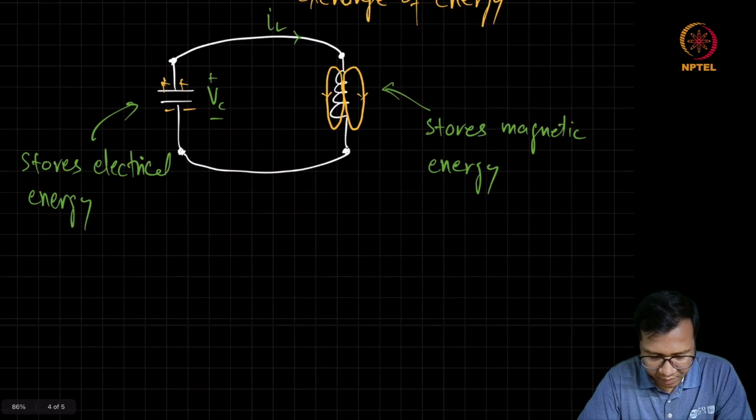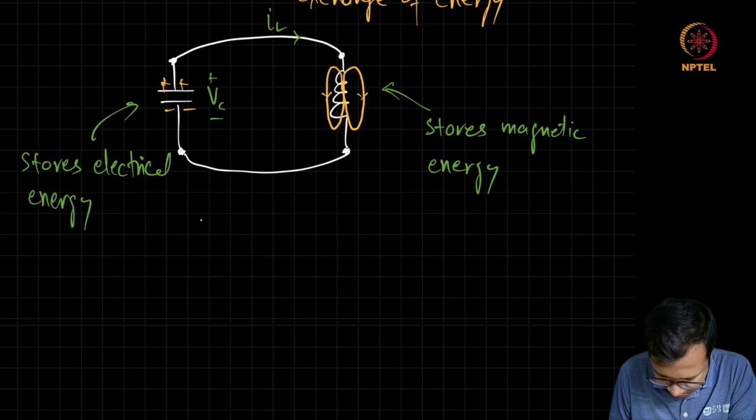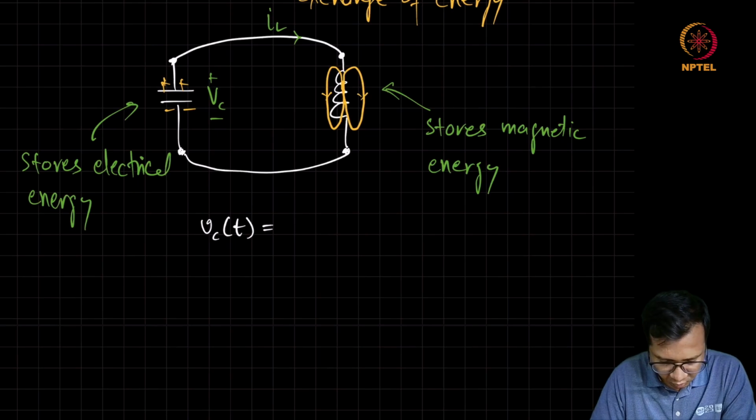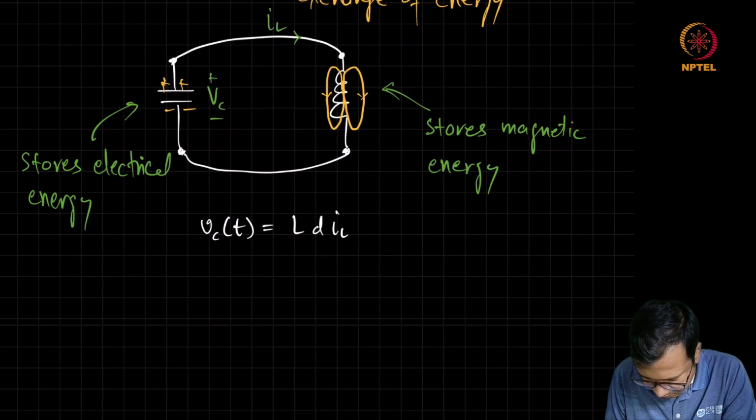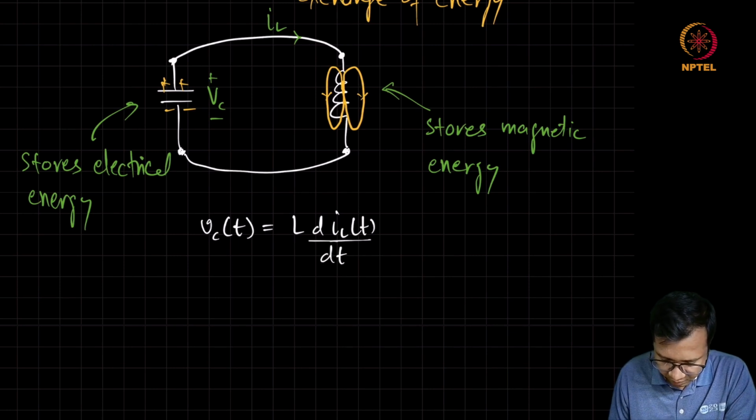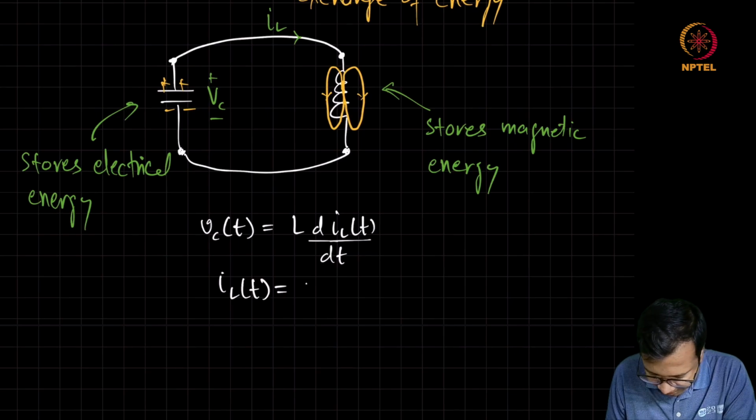So for this simple circuit, we can write the relationship between VC and IL. We know that VC is going to be equal to L di by dt from the inductor relationship. Similarly, we can say that the current IL, which is also the current coming out of this capacitor, is equal to minus C dVC by dt.